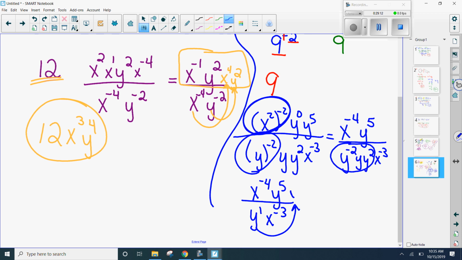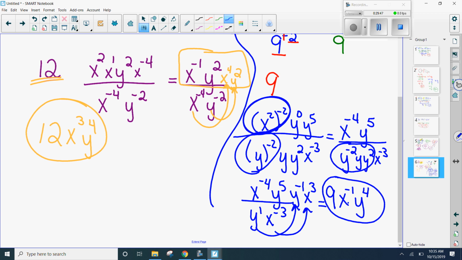Bring them up, which makes it y to the negative 1st, x to the 3rd. That gives you x to the negative 5th. Oops. Added the wrong ones together here, or sign or something. You get x to the negative 1st, y to the 4th, and we talked about the numerical part, which is 9.